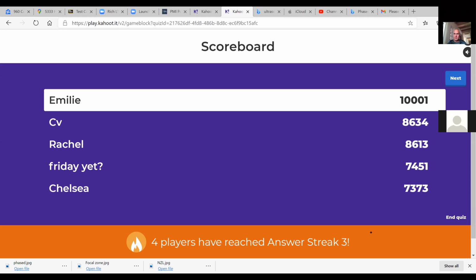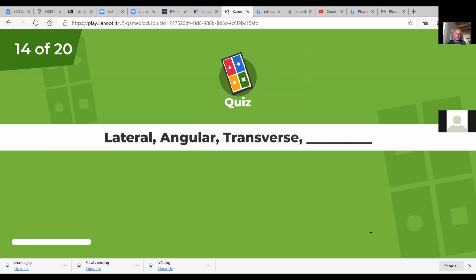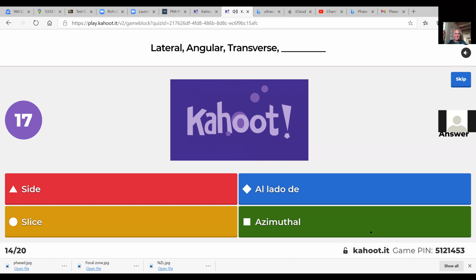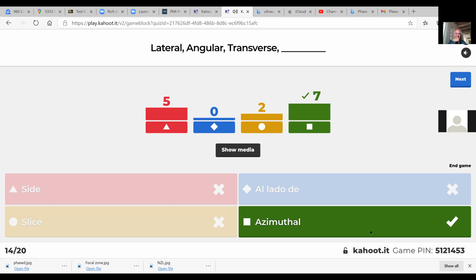Lateral, angular, transverse, and LATA, L-A-T-A, is the acronym.